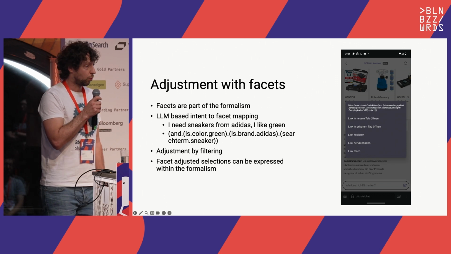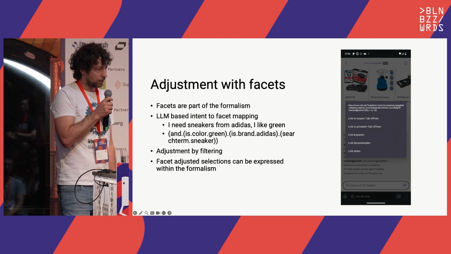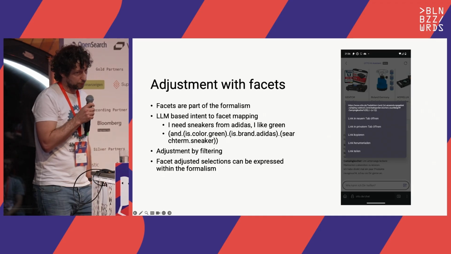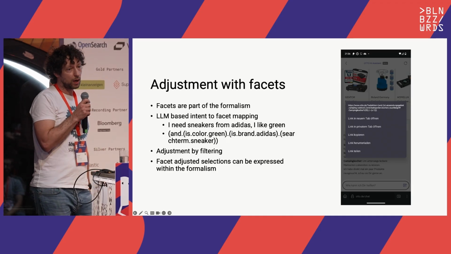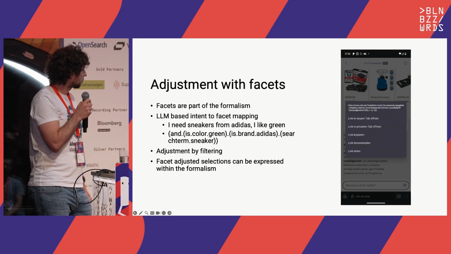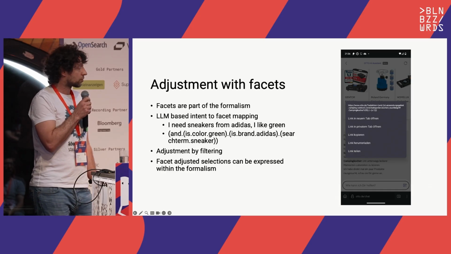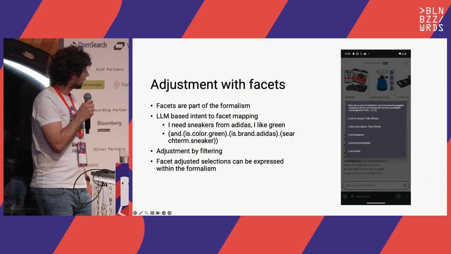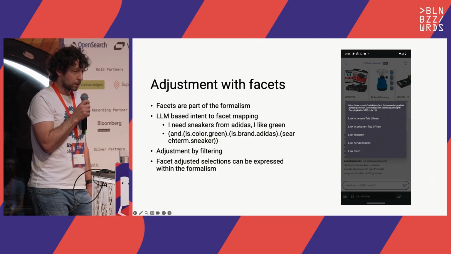So this is where we thought, okay, facets are part of our formalism. Why can't we use the large language model and try to bake the adjustment into the facet part?